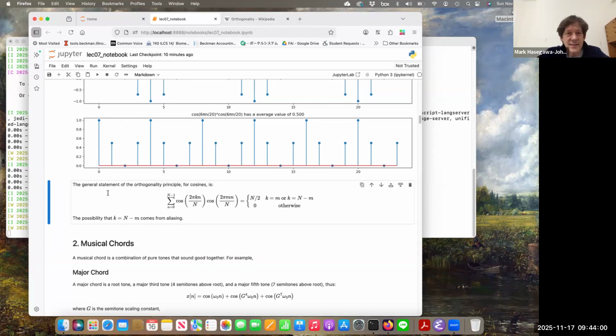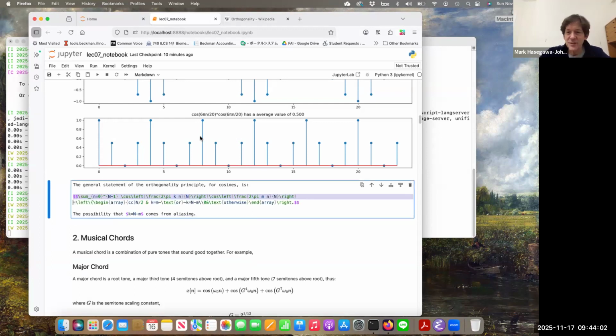Another way to write this is to say that if I take the average of the product of those two things, it is equal to exactly 1/2. I take 1 over N times the sum of the cosine at k hertz times the cosine at m hertz.